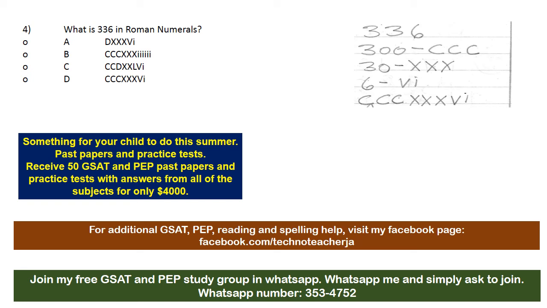So 336 would be CCC for 300, XXX for 30, and VI for 6. So 336 is CCC, XXX, VI.